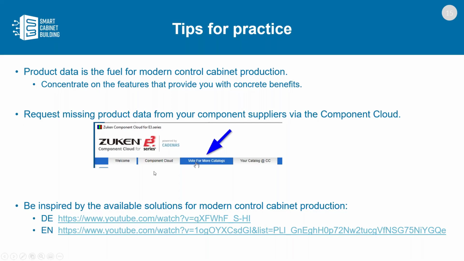There is the best possibility: if there is some missing data, that the whole component is missing, for example, or some data of an existing component is missing, then please click in the component cloud on "vote for more catalogs", and then you can give some information.